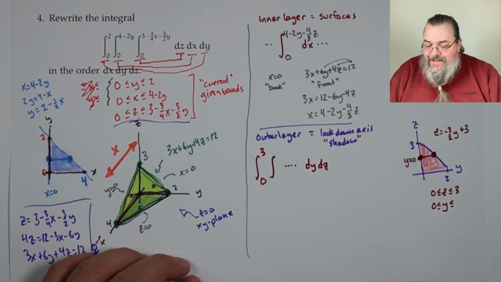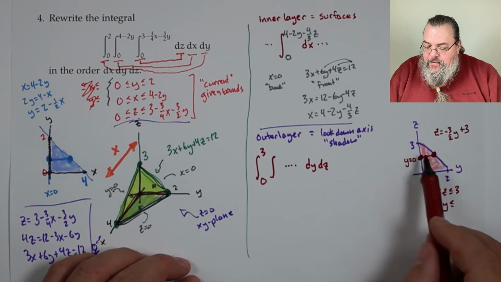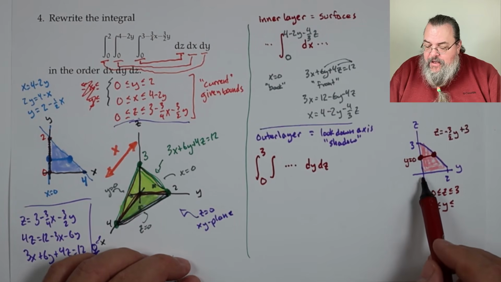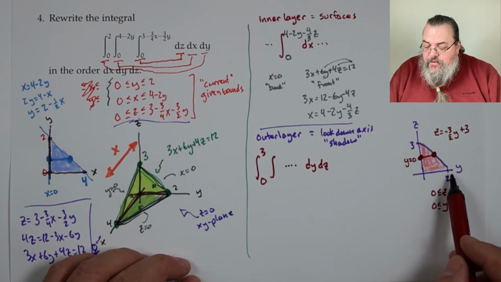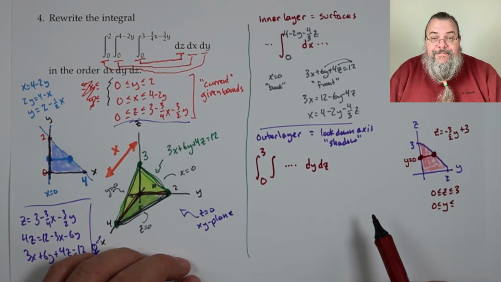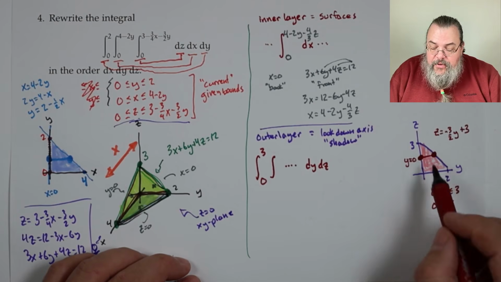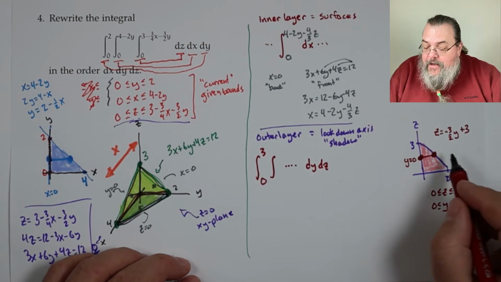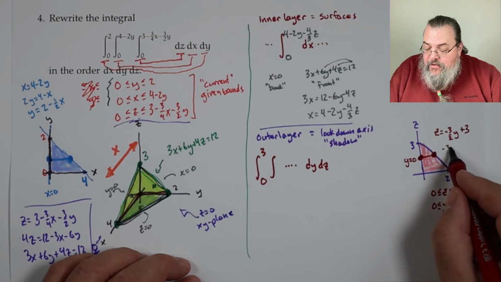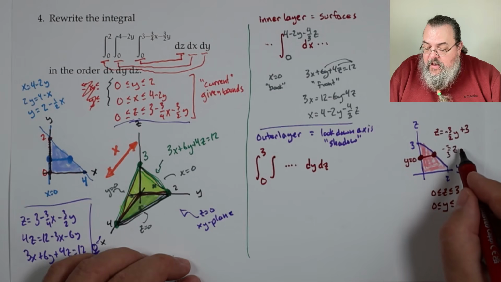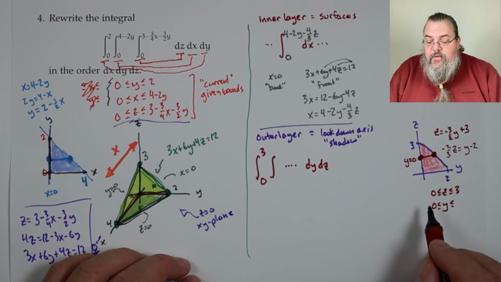It's true. You can check, right? Plug in y equals 0, you get 3. And if you plug in y equals 2, you get 0. All right. Well, if you multiply by negative 2/3, you'll get negative 2/3 times z is equal to y minus 2.